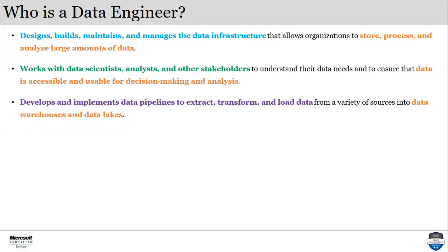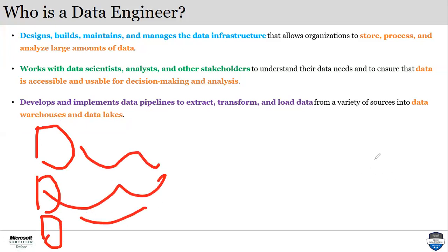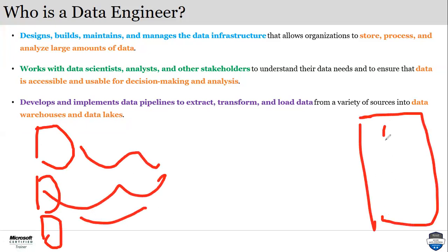So he develops and implements the pipelines to extract, transform, and load the data from various sources to the data warehouse. That's what the data engineer does. Suppose there is data which is spread across multiple places and multiple formats, and the data scientist or data analyst needs to analyze it. Data scientists analyze the data and build better decision-making models, and data analysts create Power BI or Tableau dashboards to analyze the data.